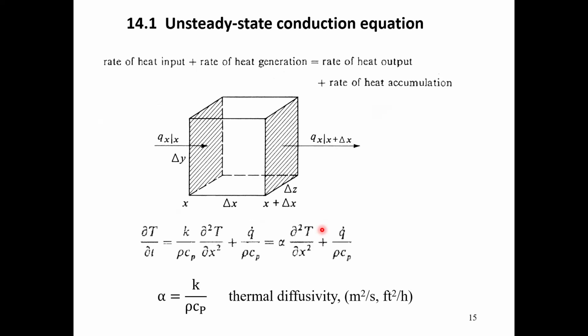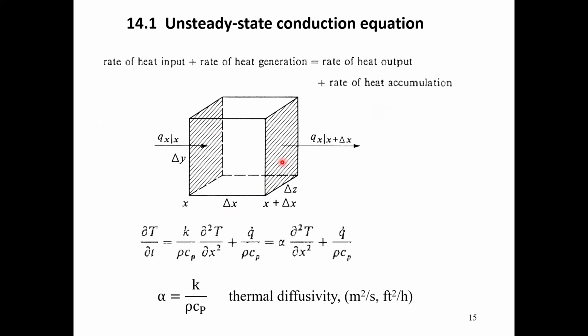When you move on to advanced transport phenomena, we will consider a unit volume, and we will do a balance across this unit volume and come up with equations. We did look at such an equation previously as well.